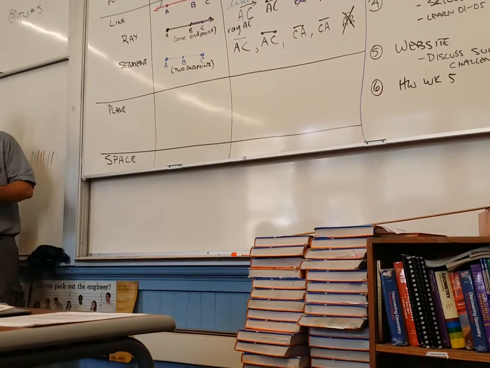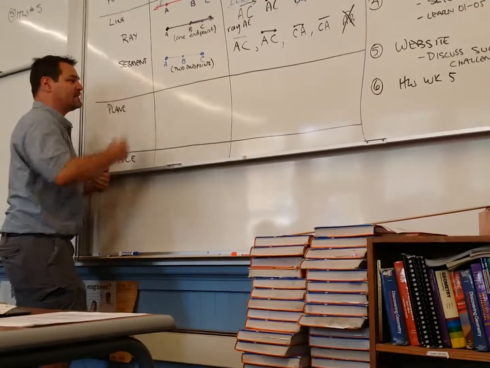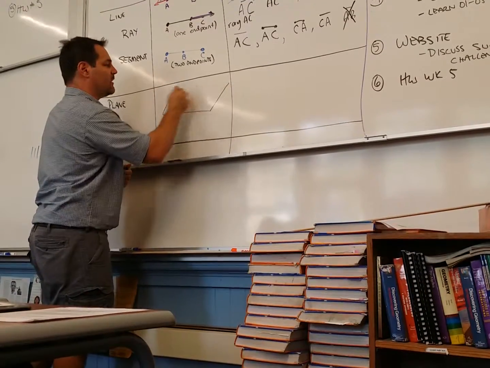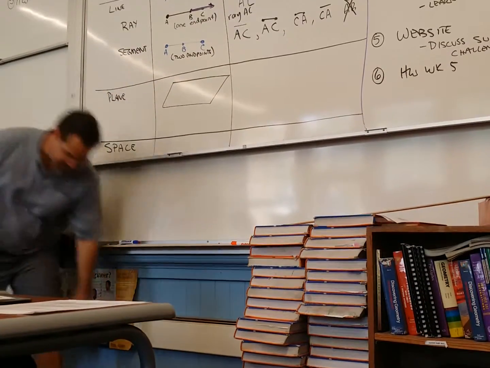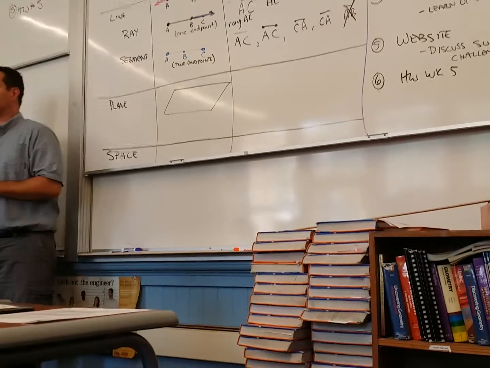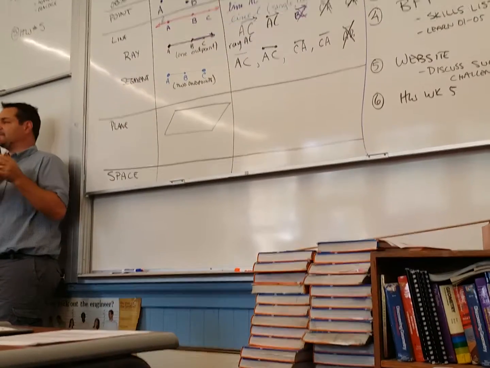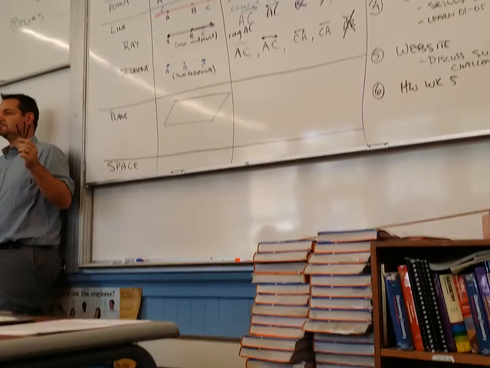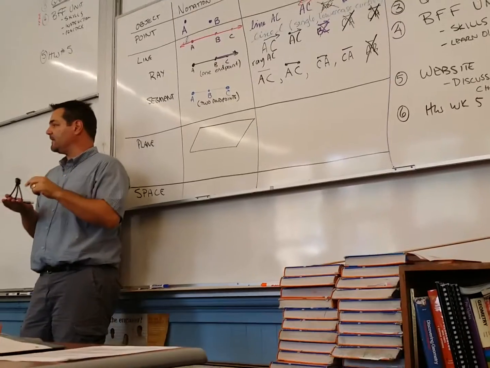What about a plane? In order to speak about a plane, we talked earlier about the idea that any three points are coplanar. Will any three points determine a plane? Will they identify one specific plane? Would these three identify exactly one plane? The tripod, right? If I drop it on the table, it would be exactly flat through one surface.